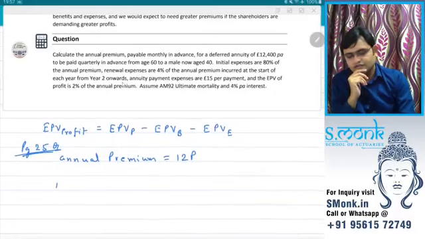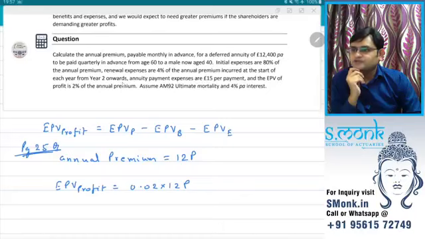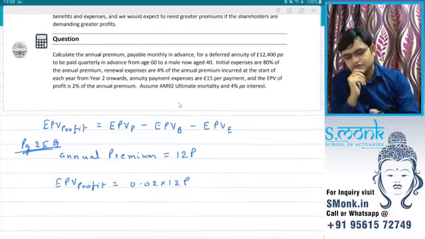So therefore our expected present value of profit is 2%, so 0.02 into 12p. This is what our profit is. So now we can use this.